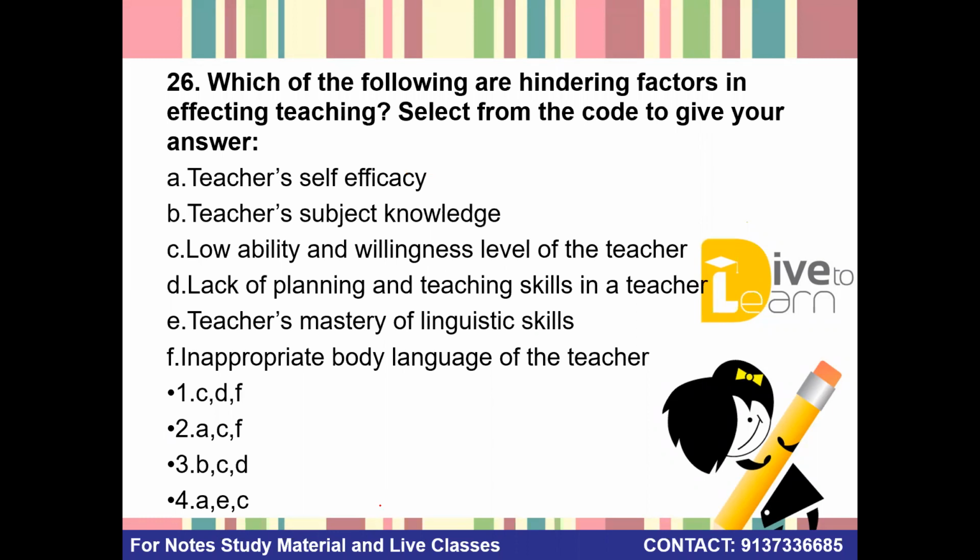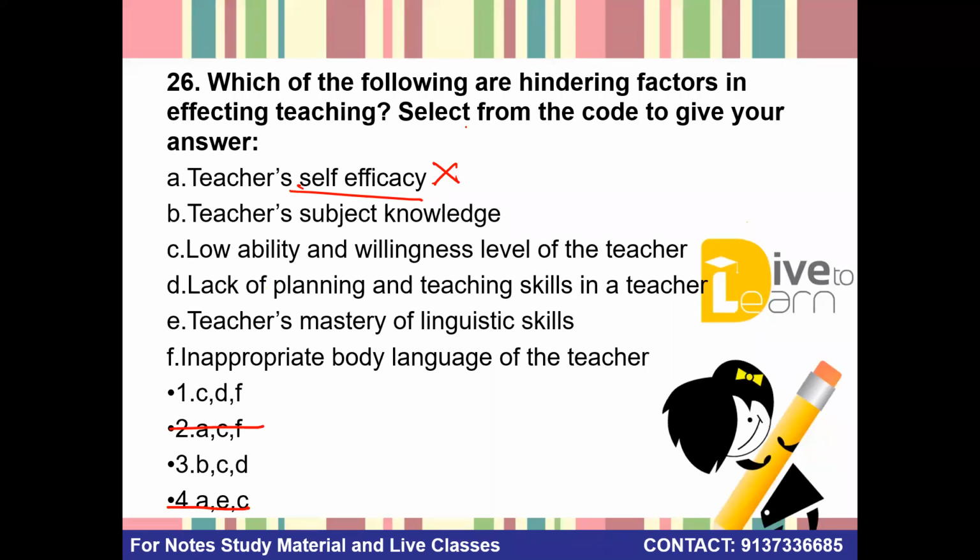Okay. Coming to the next question, which of the following are hindering factors? So look out for negative words here. Take time, answer calmly. I would have solved this way. The first one, self-efficacy, is a positive word, yeah. So I'll eliminate it. So the A option, I will eliminate straight away.